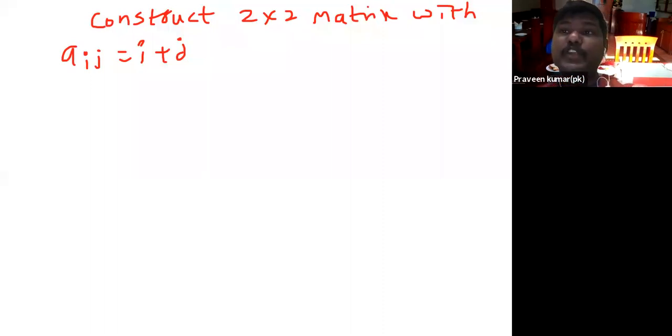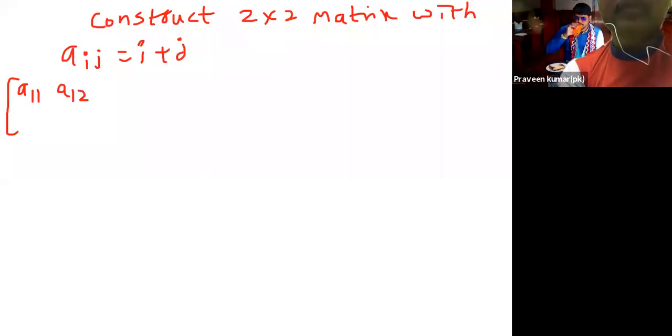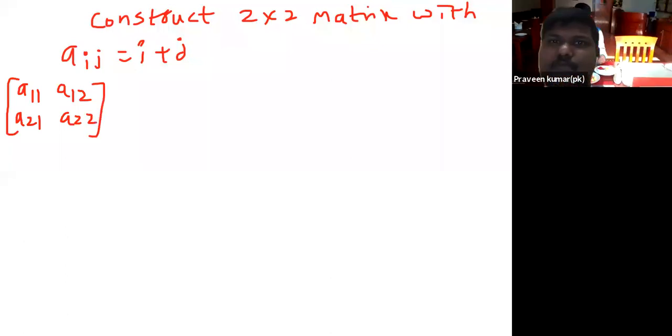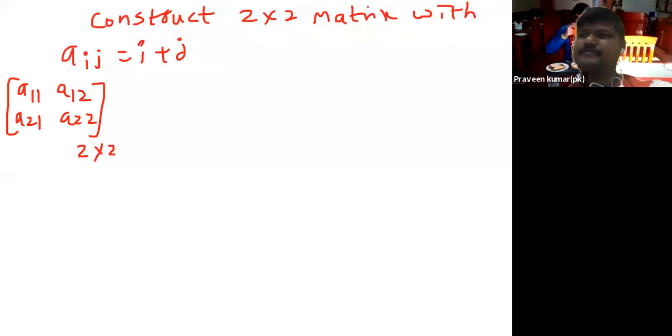Dear students, 2 by 2 matrix contains how many elements? 4 elements, correct? Very good. The 4 elements we are representing like this one, A11, A12, A21, A22. Yes or no? This is a 2 by 2 matrix. Yes, perfect.